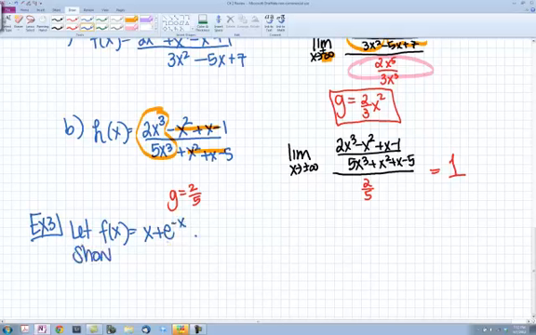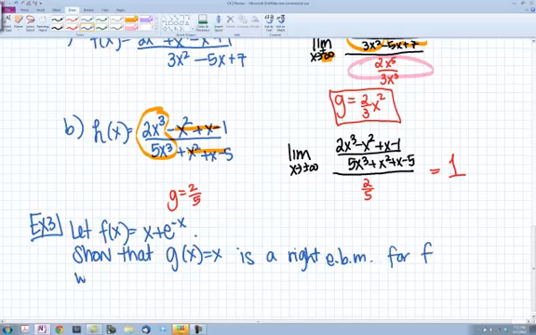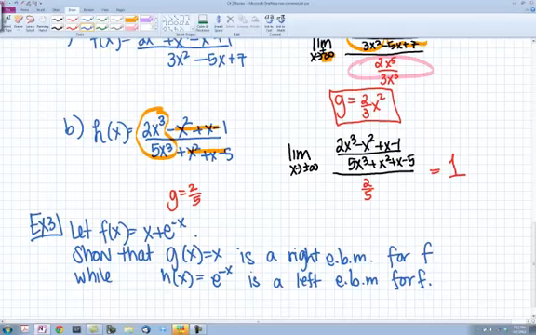I want us to show that g of x equals x is a right end behavior model for f, while h of x equals e to the negative x is a left end behavior model for f.